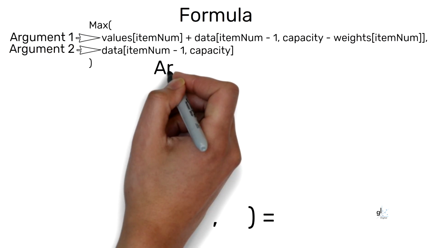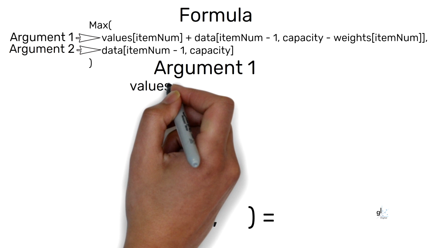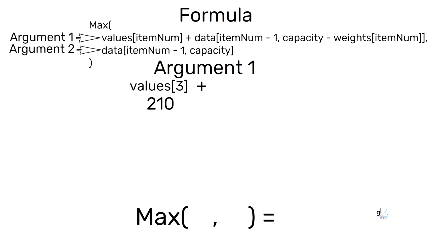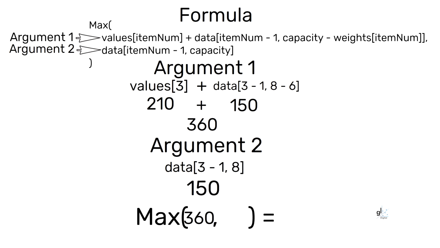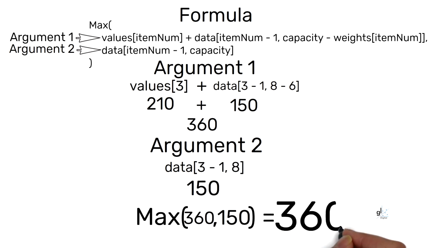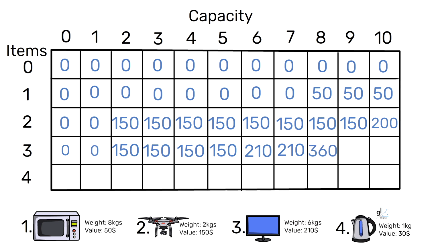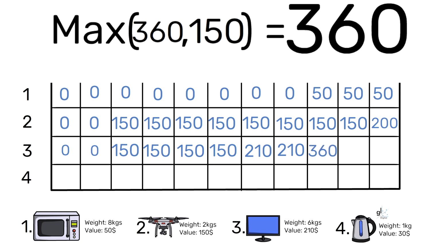So let's plug in the appropriate values into the max method. The first argument has a value of 210 plus 150, which equals 360. The second argument is 150, so 360 is greater than 150. So let's fill in 360 here. When the capacity variable equals 9, the value of 360 is appropriately recorded.